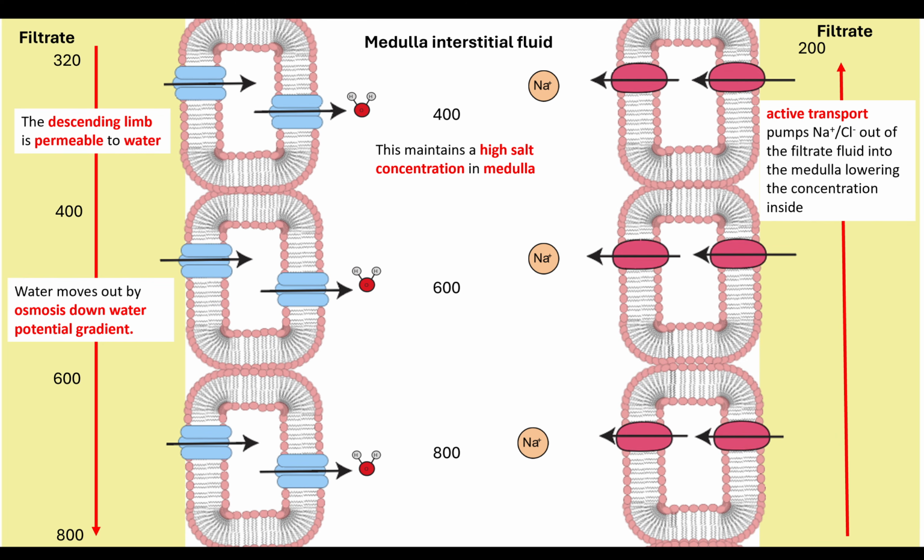And that's what we mean by a countercurrent multiplier. By pumping the sodium ions out, what we're creating is a high salt concentration in the medulla. Therefore, the water will leave from the descending limb, and it will make its way into the medulla down that water potential gradient.